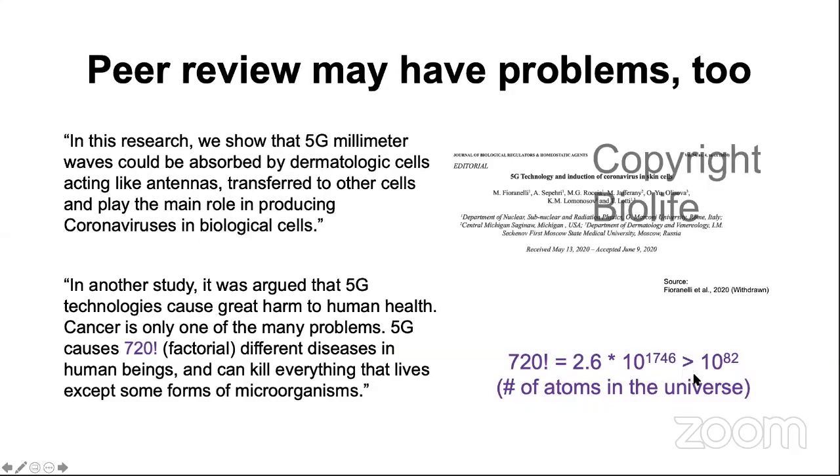And that is way larger than the number of atoms in the entire universe. And there simply cannot be that many diseases. So some sort of nonsensical paper was able to pass through the process of peer review and eventually get published. This is a huge alert that we need to be more careful with the review mechanism. There needs to be more stringent adherence to critiquing a paper.